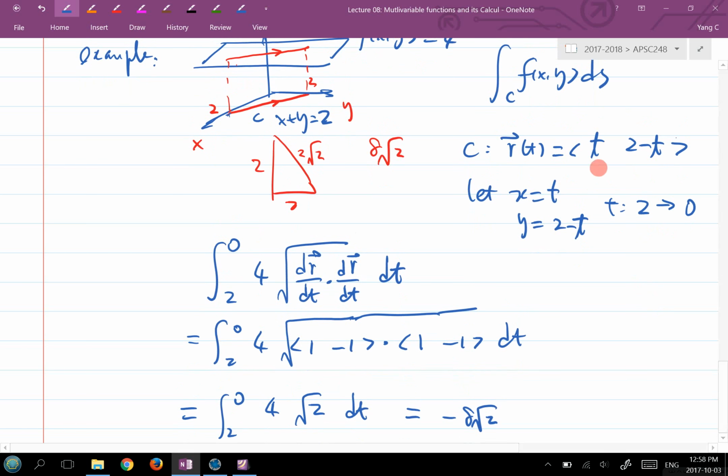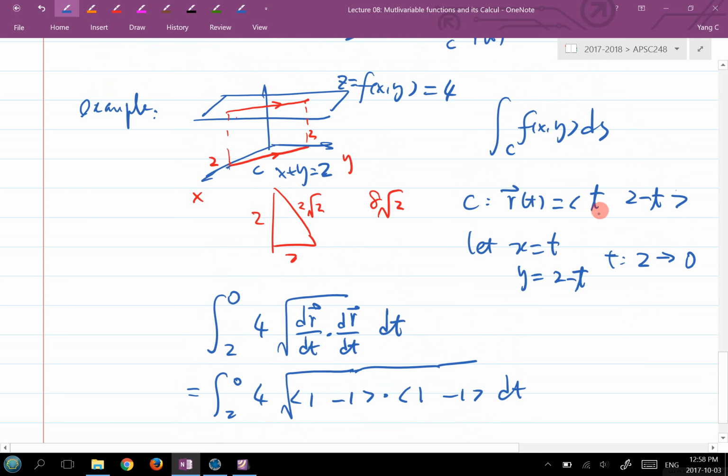Do you see any mistakes over here? If you're going from 2 to 0, you get a negative, right? But if I go from here to here, that has to be from 2 to 0, right? If I go from 0 to 2, and then your x is 2 minus t, and your y is t.